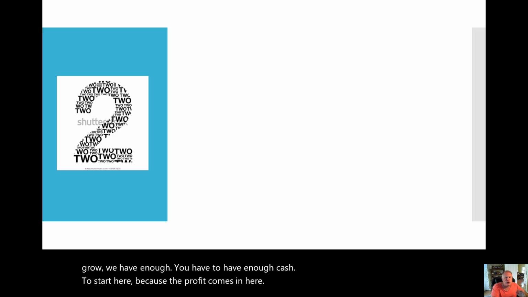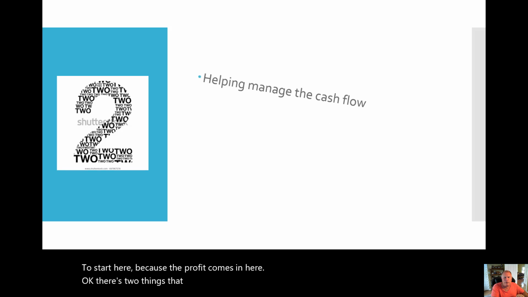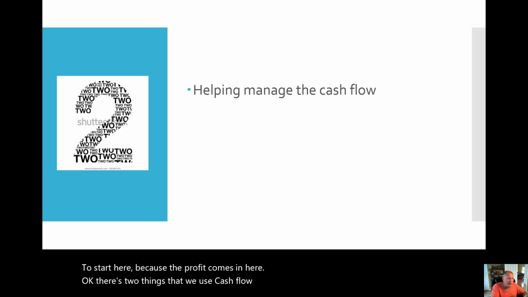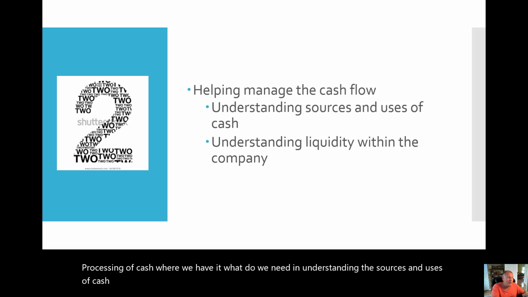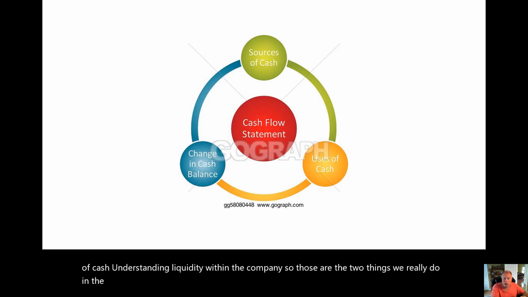Okay, there's two things that we use cash flow for. Manage the day-to-day processing of cash, where we have it, what we need, and understanding the sources and uses of cash. Understanding liquidity within the company. So those are the two things we really do in the management of cash flow.